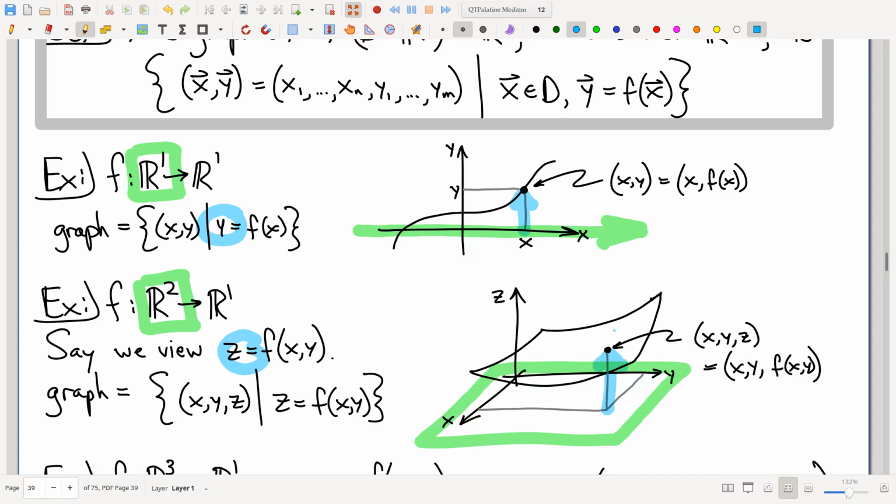And so this is a nice point of view on why graphs are of what dimension. Why is the graph of this function f up here a curve? Why is it a one-dimensional thing, namely a curve? Well, it's because we started with a one-dimensional domain and every point just kind of got pushed up by different distances, right? Why is the graph of a function down here, a function of two variables, two-dimensional? Well, because I started with a two-dimensional domain and every point gets kind of pushed up by some amount, different amounts, but therefore we get a two-dimensional surface.